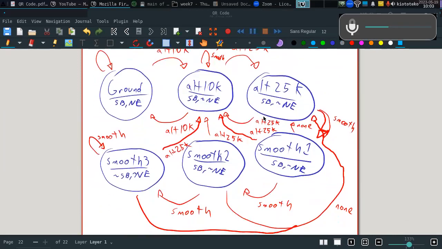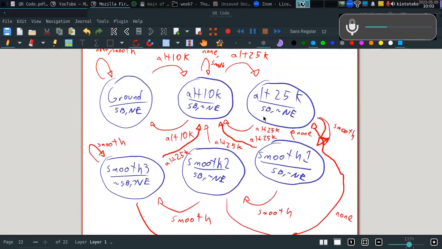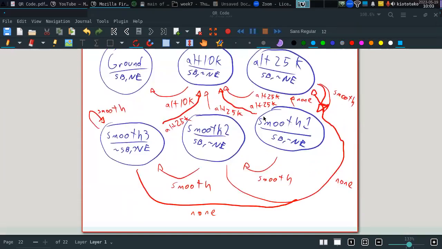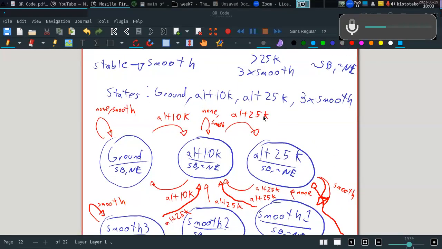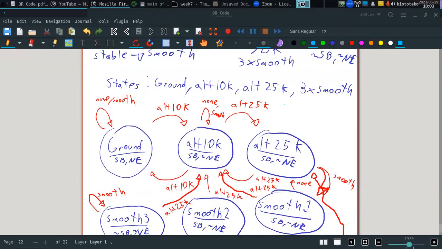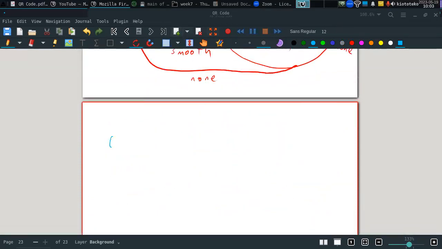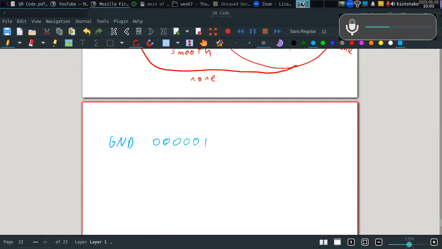And now the states are also one hot state encoding, and because we have 6 states, that means we have a state vector that is 6 bits in length. So for example, let's see, for the ground, we would have something like 0, 0, 0, 0, 0, 1.